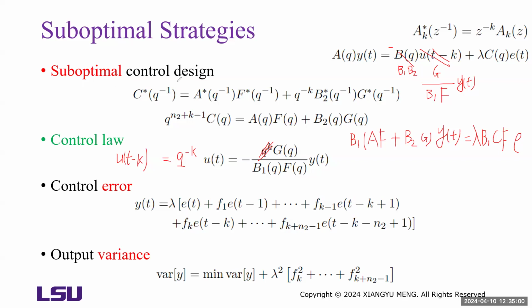Then based on the suboptimal control design, we know this AF plus B2G will be just the q to the power n2 plus k minus 1, times C. Okay. Then we can find the closed loop transfer function.